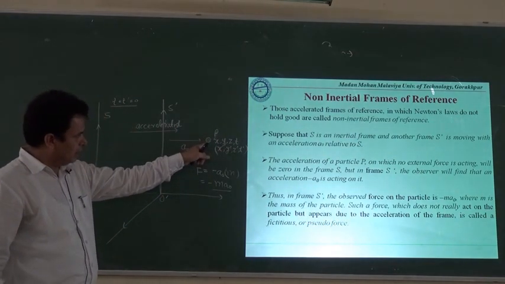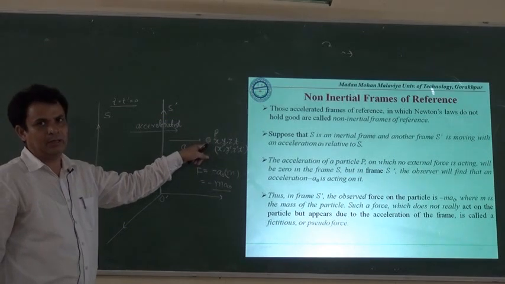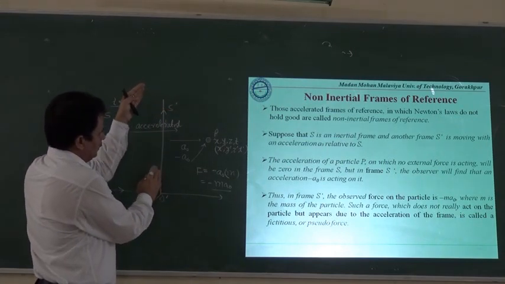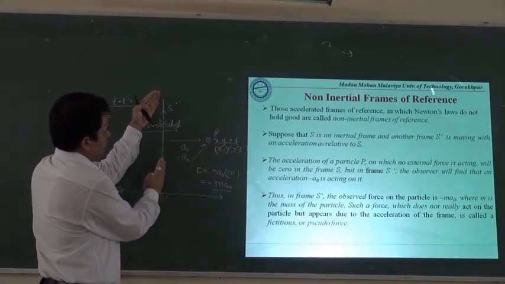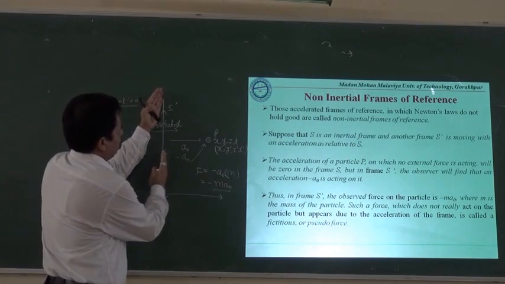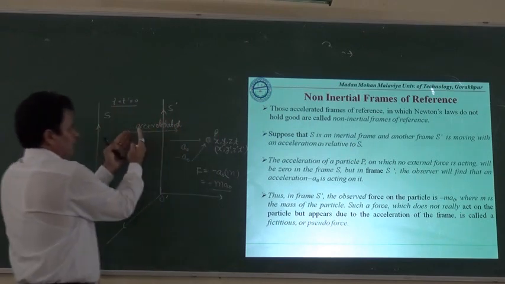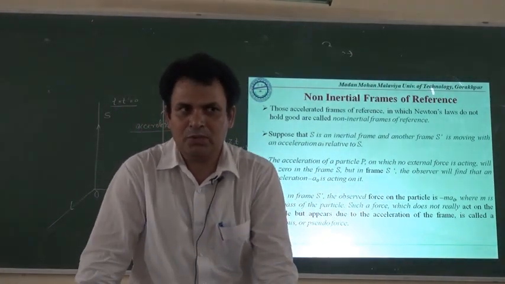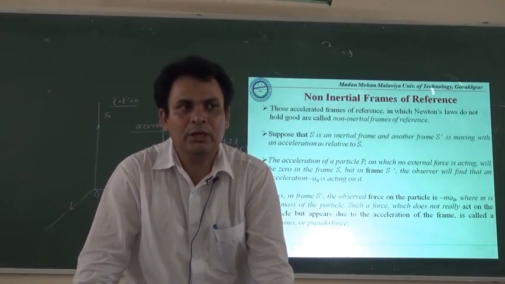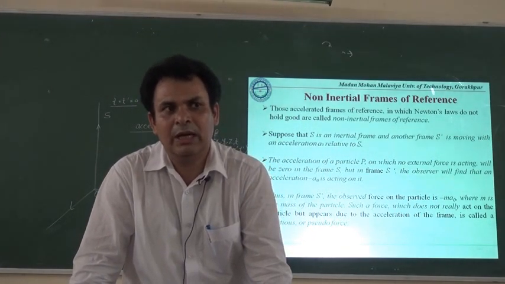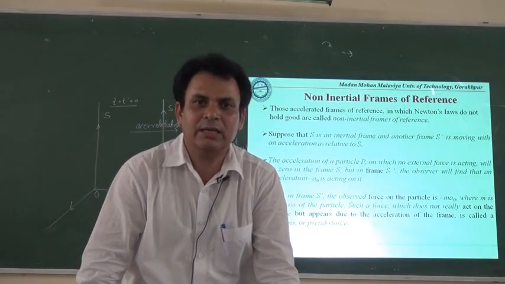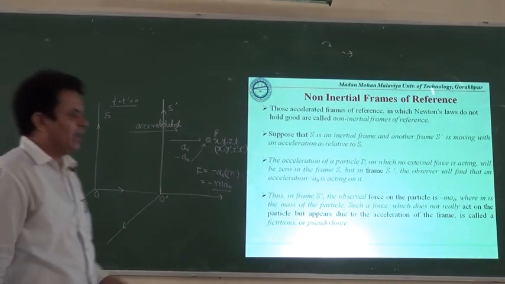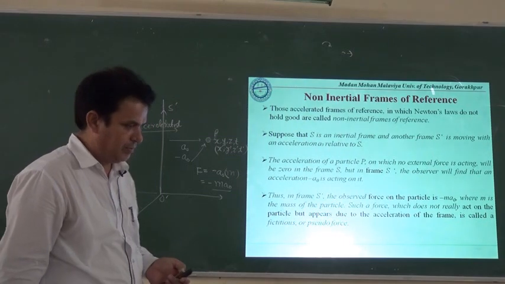Because actually the force has not been applied externally to this point, but since the frame was moving with acceleration, if we take this frame of reference as constant, then it seems that P is approaching this point with the same acceleration but in the backward direction, and this gives a force. That force is known as the pseudo force, having magnitude minus m a0. So this is the basic fundamental difference between the non-inertial frame of reference and the inertial frame of reference.